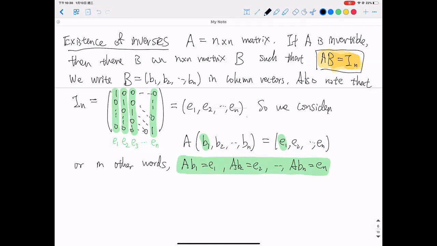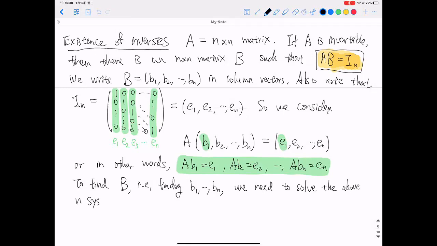So notice, to find B, i.e. finding B1 through Bn, we need to solve all these systems above, and the above has n systems.